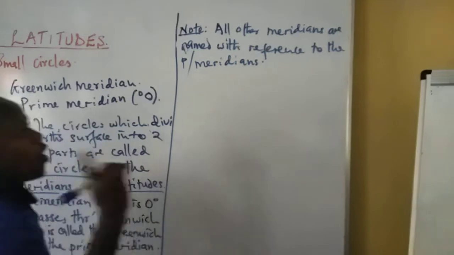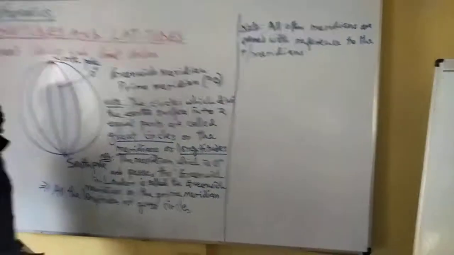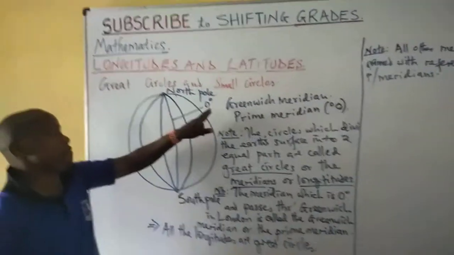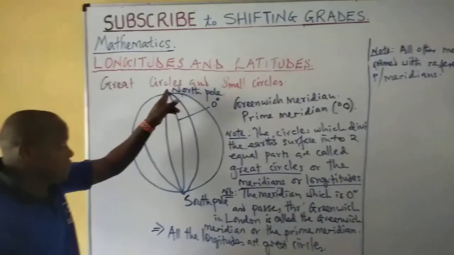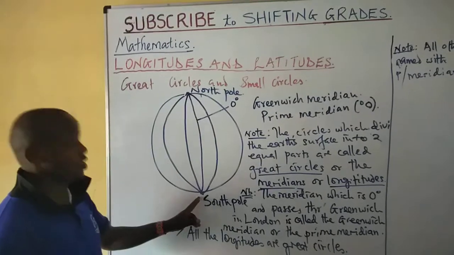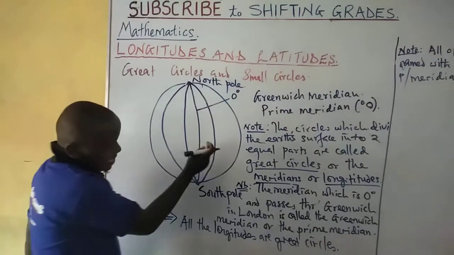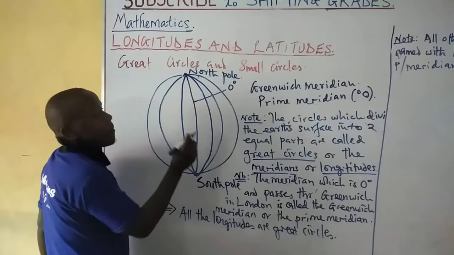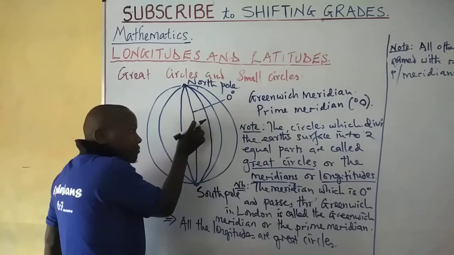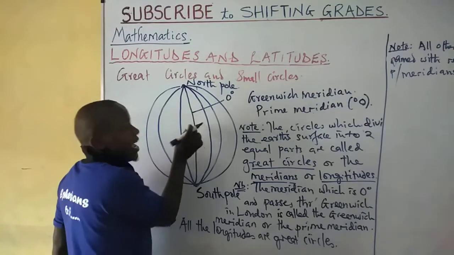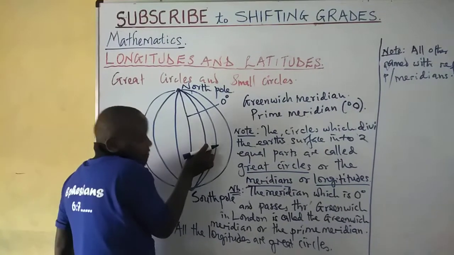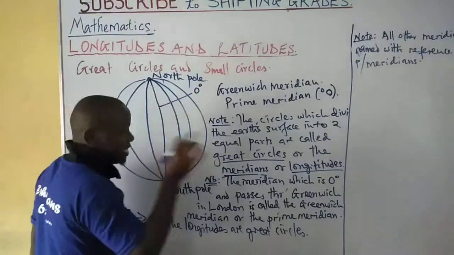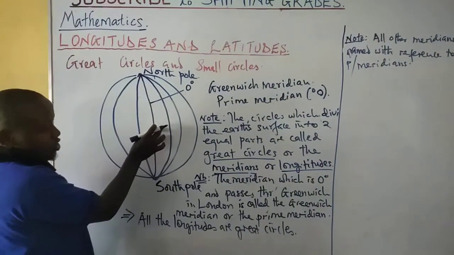So the position of any other meridian now is determined by where it is from the 0 meridian. Therefore, if this is the 0 meridian from north to south, then this other meridian can be some degrees from the 0 meridian, and now we name these ones after the degrees it has, or how far it is from the Greenwich Meridian.